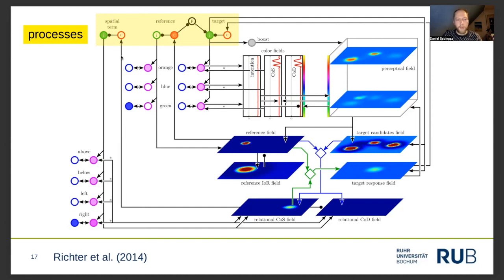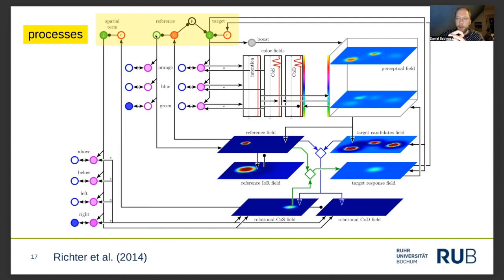And the spatial turn process essentially just immediately becomes active because it serves to activate the relational comparison machinery. And the intention node of a process more generally is the node which represents whether or not the process is currently active and able to exert an influence on the architecture.